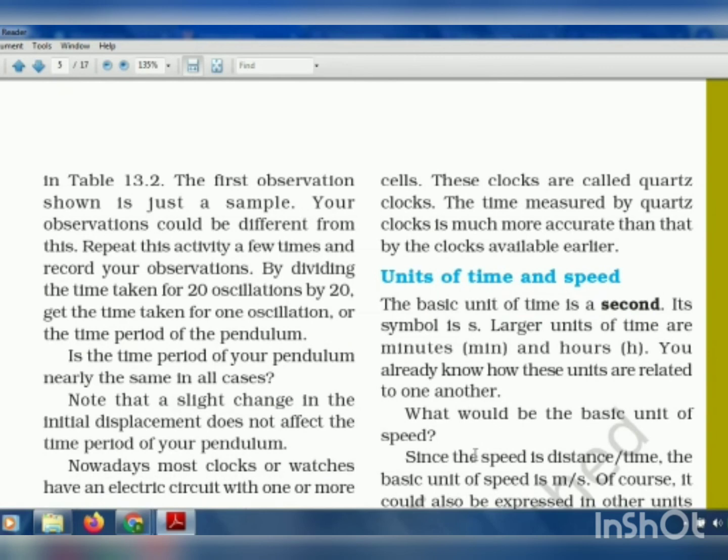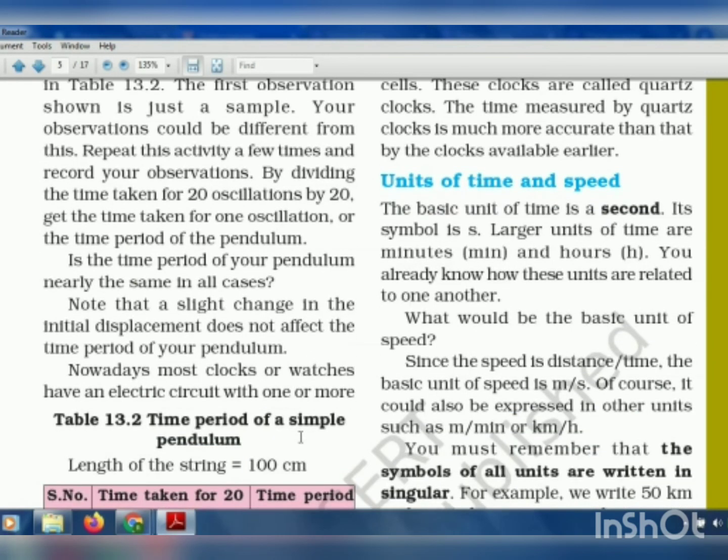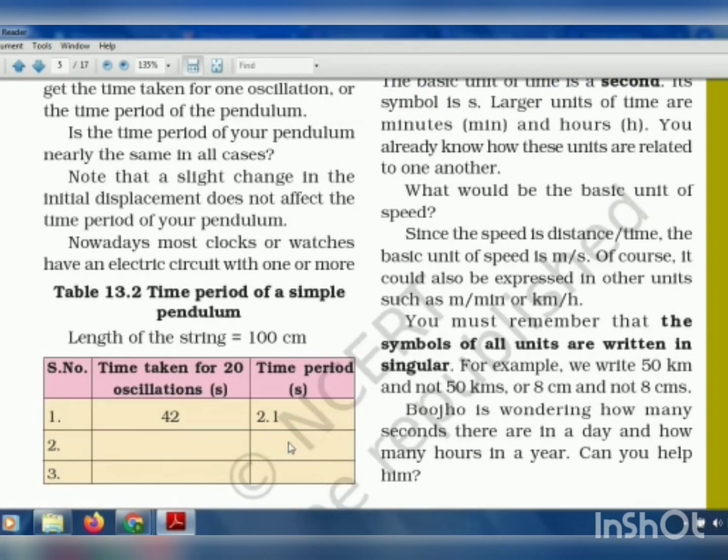You don't have to change the length of the thread from which the bob is hanging. You will see that every time the time taken will come the same. But if you change the length of the string, there will be a difference in the time period. So if you keep the length of the string the same, the time taken will come the same each time you measure it for 20 oscillations.